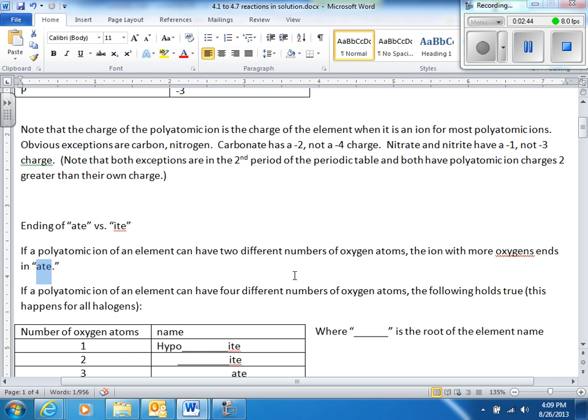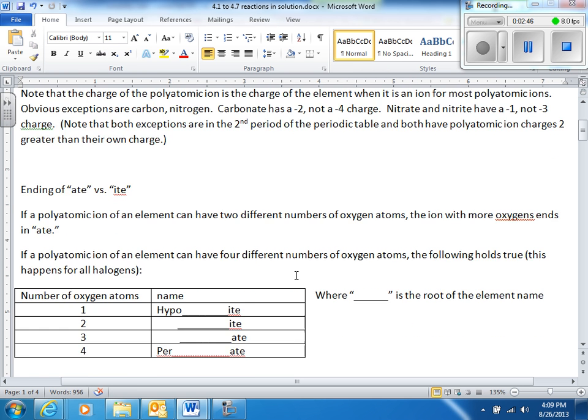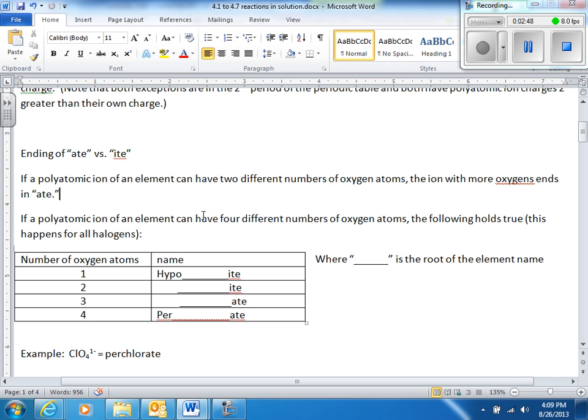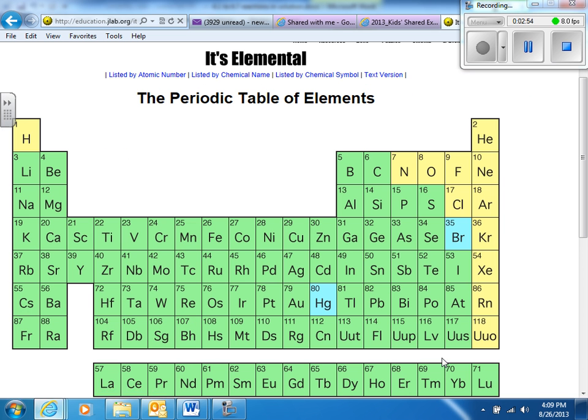The one with fewer oxygens will end in ite. Now, some polyatomic ions have 4 different possible oxygen atoms: 1, 2, 3, or 4. This would be the halogens, though not all of them can have 4. But basically, we look at these as having 1, 2, 3, or 4 oxygens attached to one of these elements.